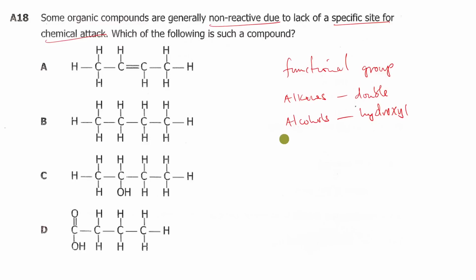Now, alkanes don't have such. So when they ask which of the following is non-reactive, it is this one, which is an alkane. The rest have functional groups. So the answer is B.